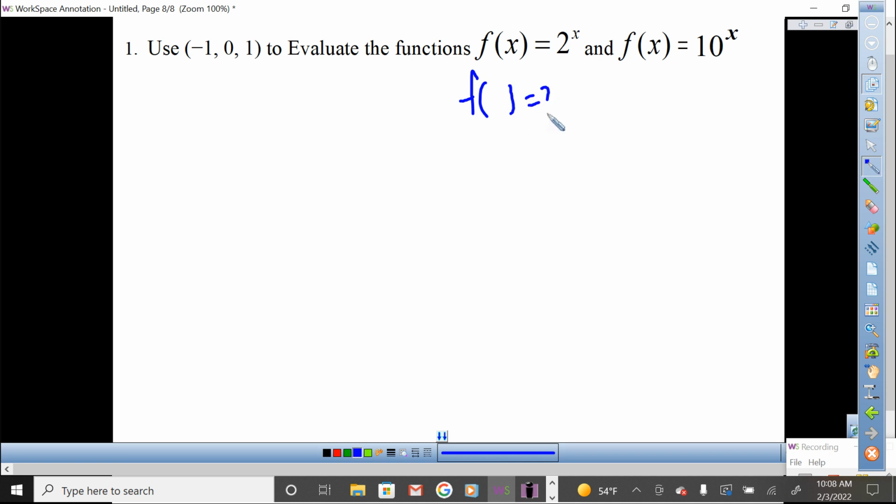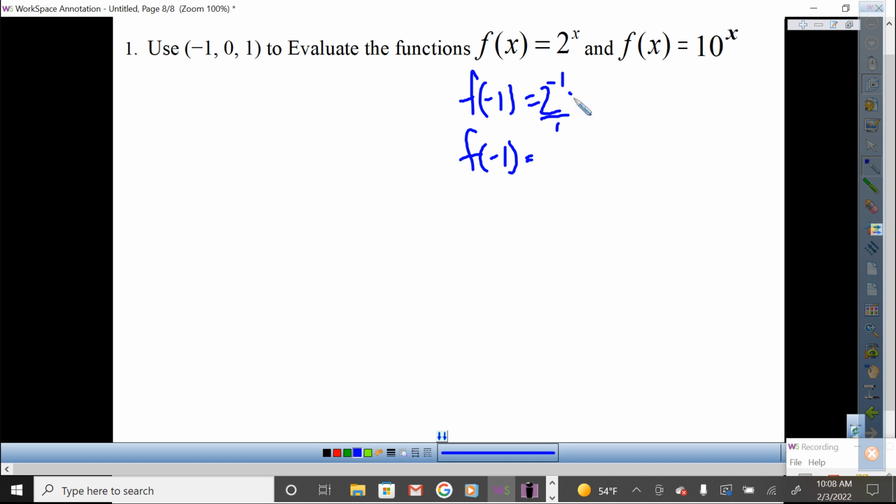We rewrite the function, and we just substitute for the value of x. So what is my first value? -1. Okay, so f of -1, can we have a negative exponent? No, so that means we would write this over 1, do the reciprocal, is that correct? So I end up with 1 over 2 to the first exponent, and I'll leave it as is. There you go.